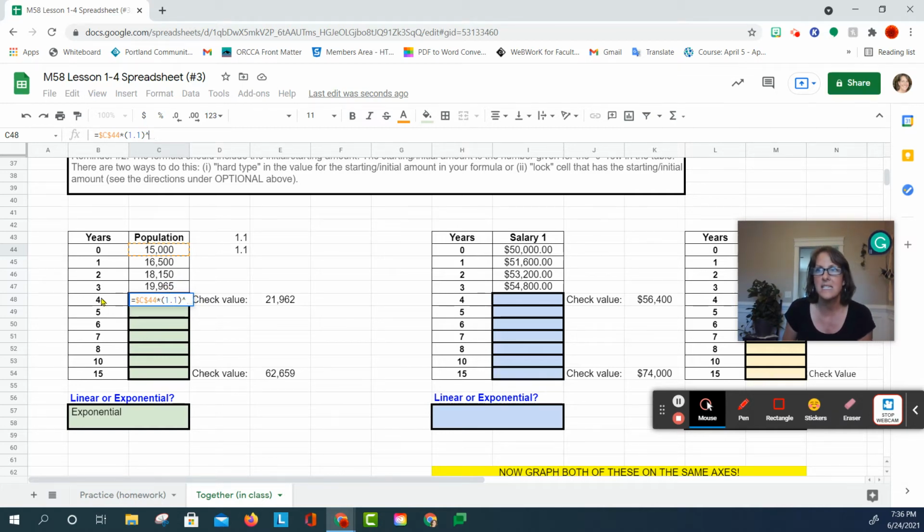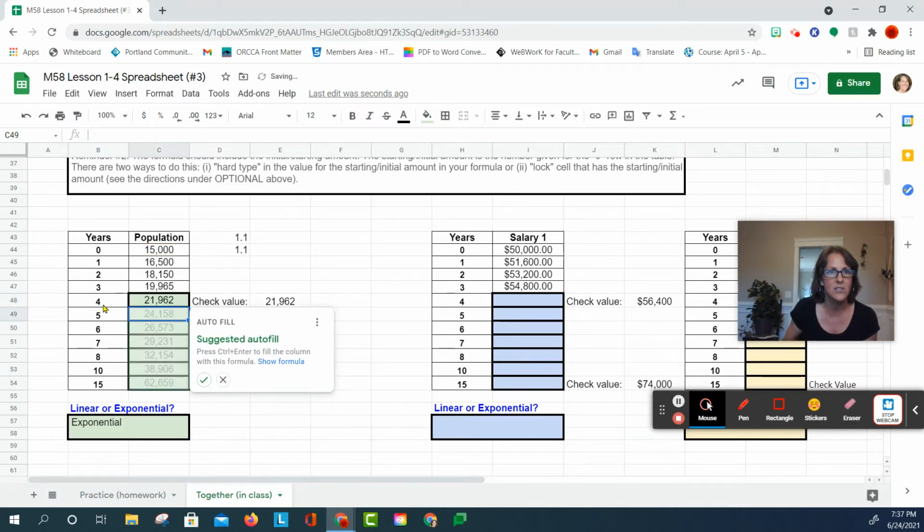And in this case, it's going to be B48 because I'm in year 4, so I'll raise to the power. So now look closely. I have equals $C$44 for this 15,000 times 1.1, that was my ratio, raised to the power of my year, my time, which is 4, and I hit enter.